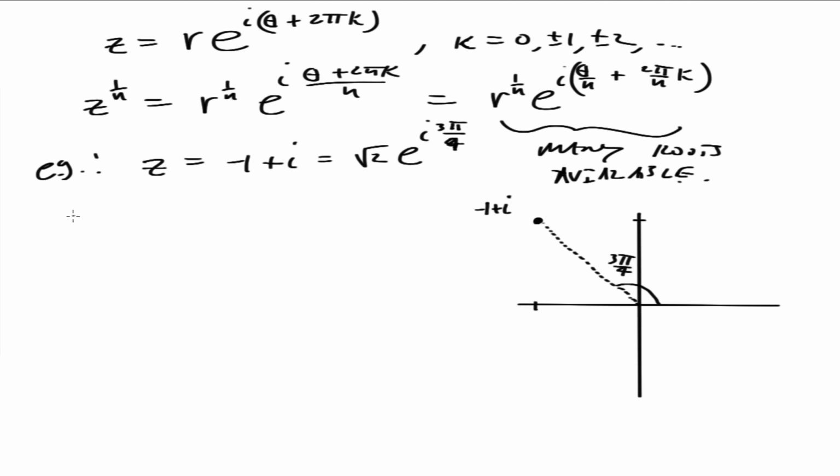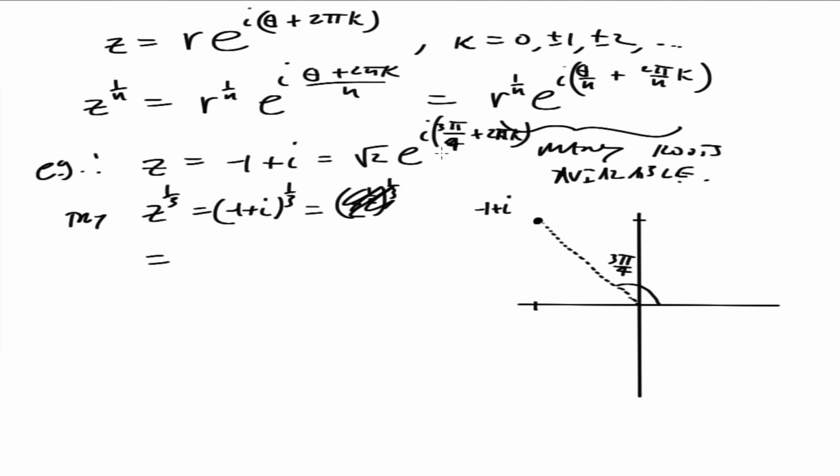So now let's try the third root of z. We're going to take the third root of z. In this case, that's going to be 2 to the 1/2 power, all to the 1/3 power. But now we have to rewrite this formula. Sorry, I'm going to redo this in the other line. We have to also put in all those non-principal arguments, 2 pi k, all in there.